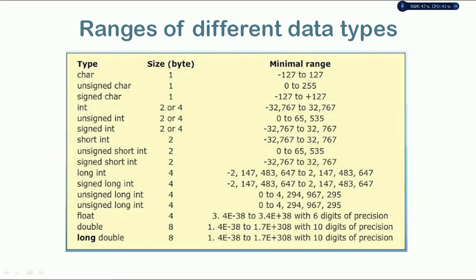So this is the minimum value it can store. Means whenever you want to store a larger value of type integer, then you are going to use long int instead of simply an integer. Okay, that is the purpose. Signed, it can take only the one range. So we can add these two and you can get this range. For unsigned long int, it will be the range of this.